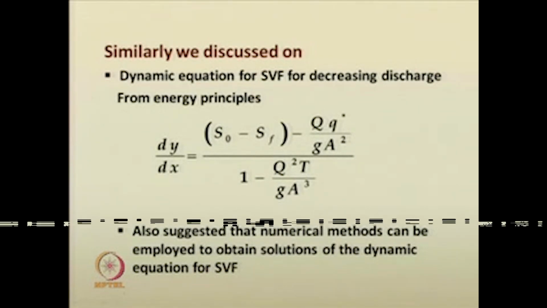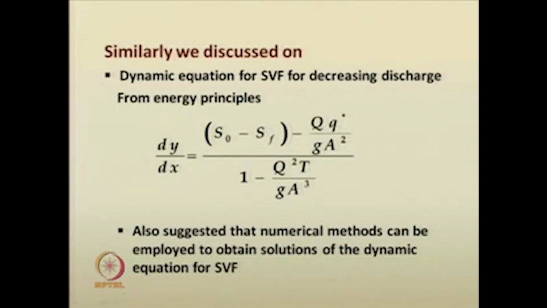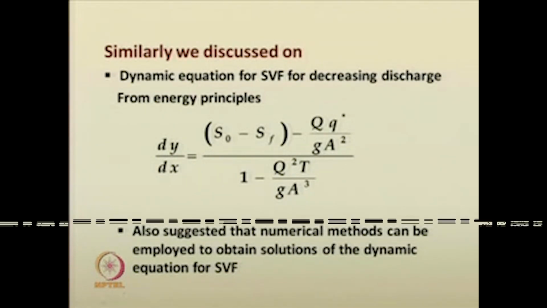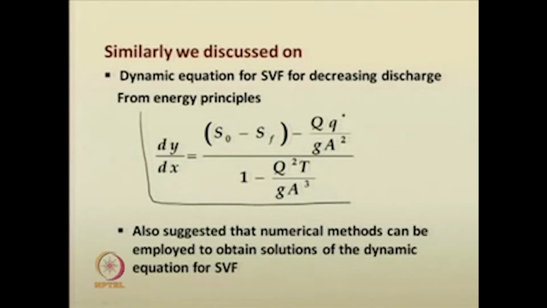Similarly, we had discussed the dynamic equation for spatially varied flow for decreasing discharge. If there is a continuous decrease in the discharge through a channel, then using the energy principles, we had derived the corresponding dynamic equation.